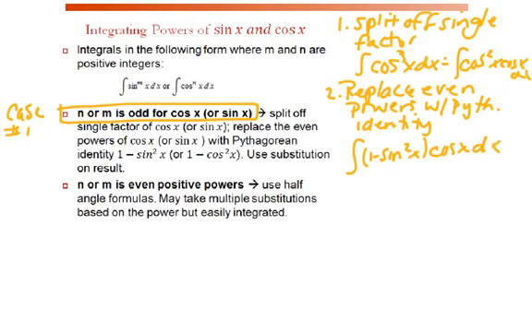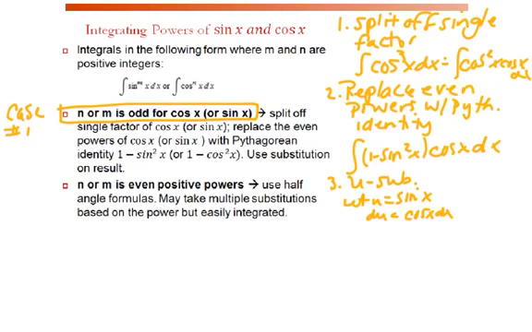Why did we do that? Well, we want to get a mix of sines and cosines, because now we can do a u-substitution. If we let u equal sine x, then du would knock off the factor that we split out. So let u equal sine of x, and then du is equal to cosine of x dx.